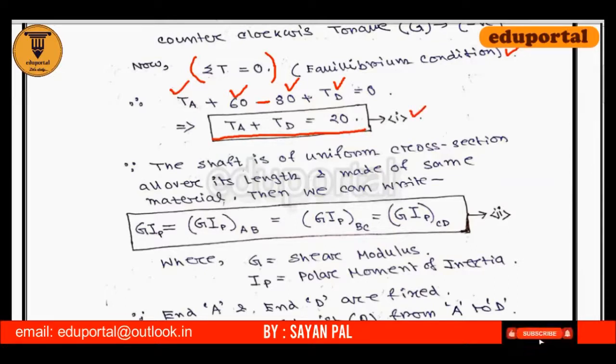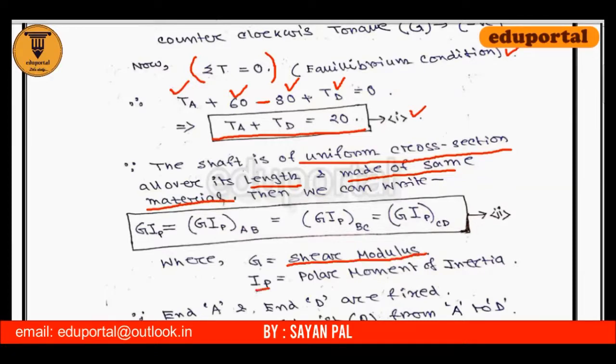Now the shaft is of uniform cross section. That means its cross section doesn't change along its length, and it is made of the same material. Same material means G is same. What is G? G is the shear modulus. And what is IP? IP is the polar moment of inertia.